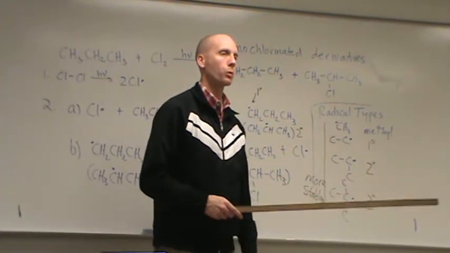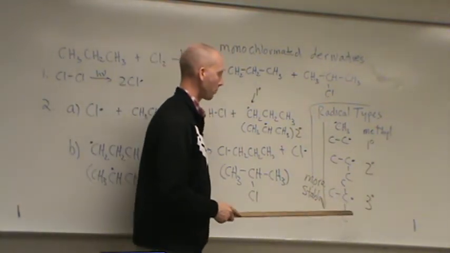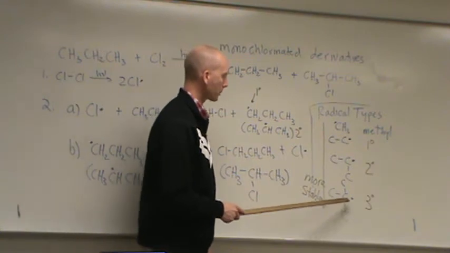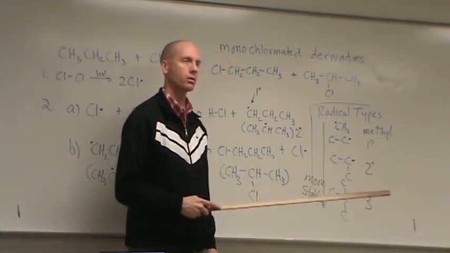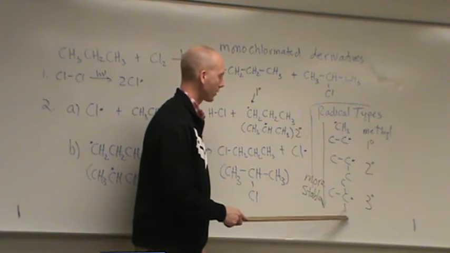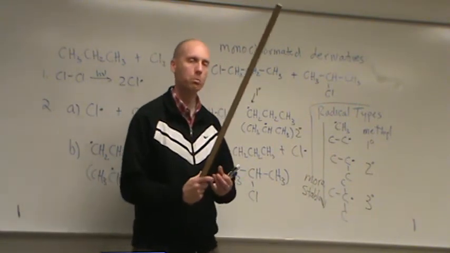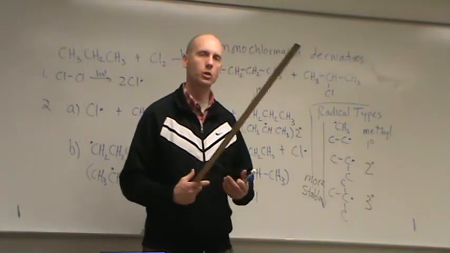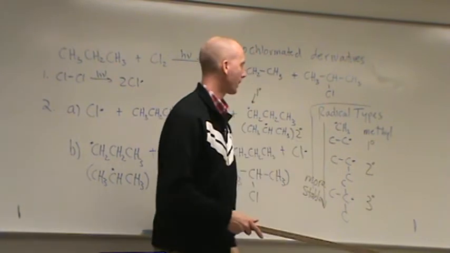Okay, the reason for that, I'll let you read the book for some more detail, but what happens is this carbon here is, remember, electron deprived, missing the octet, and these carbons can donate electrons in to help stabilize that, okay? So we'll see that carbons have this donating ability, okay?